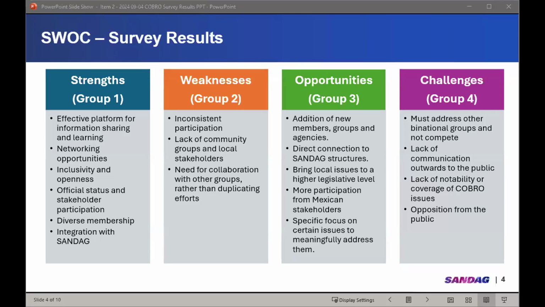I'm just speaking from my vantage point and my experience, but I don't see any reason why we couldn't, as a group, be documenting our recommendations or feedback to SANDAG at large or the representatives that form SANDAG. I don't see any reason not to. I just don't think we've been using COBRO to its fullest potential for this kind of more action-oriented function that it could be serving.